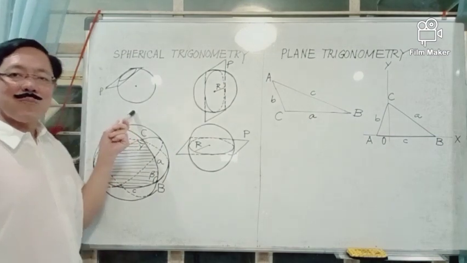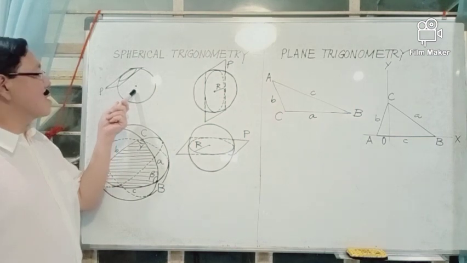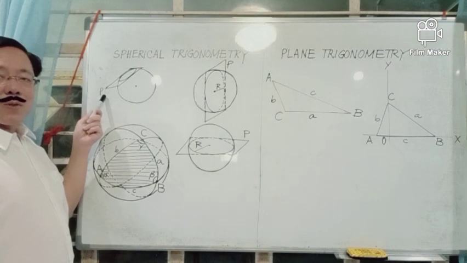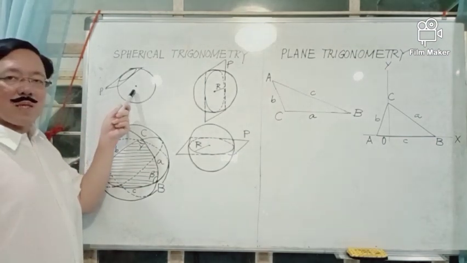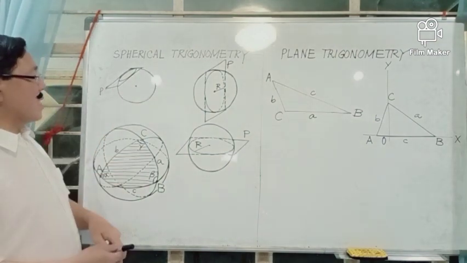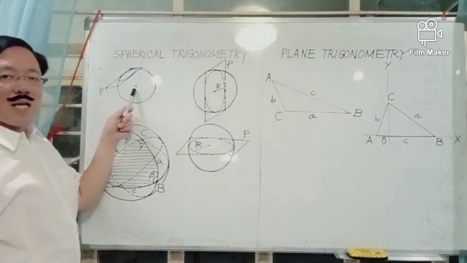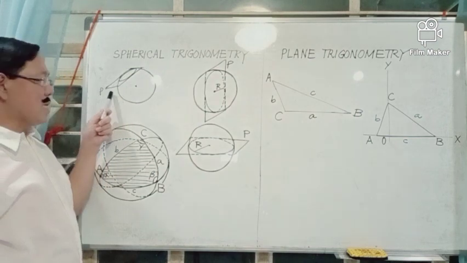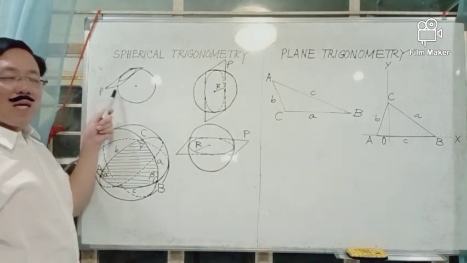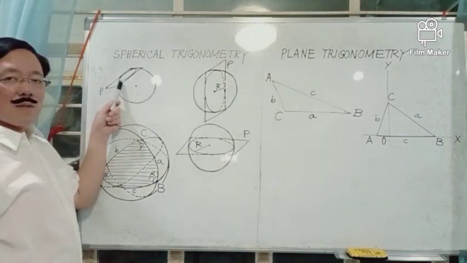Consider this sphere. The center of this sphere is at this point, and we pass a plane through the sphere, but this plane P does not pass through the center of the sphere. You can see that the plane P is slant. It's not passing through the center of the sphere. Nevertheless, the intersection of the plane P that does not pass through the center of the sphere and the sphere is a circle.